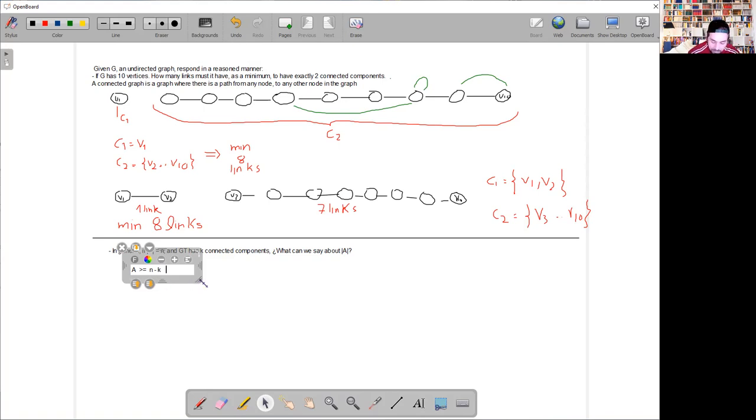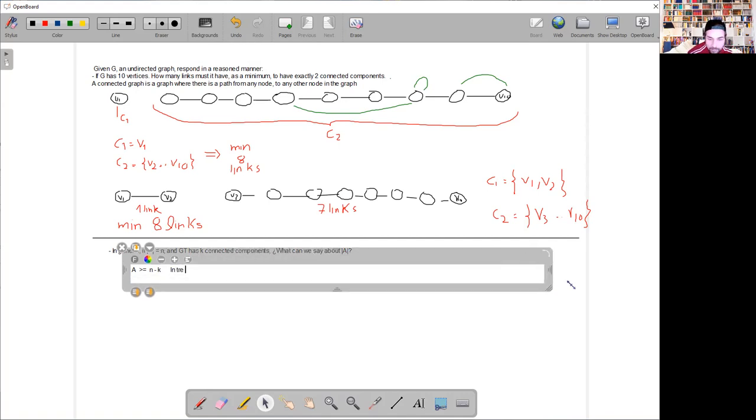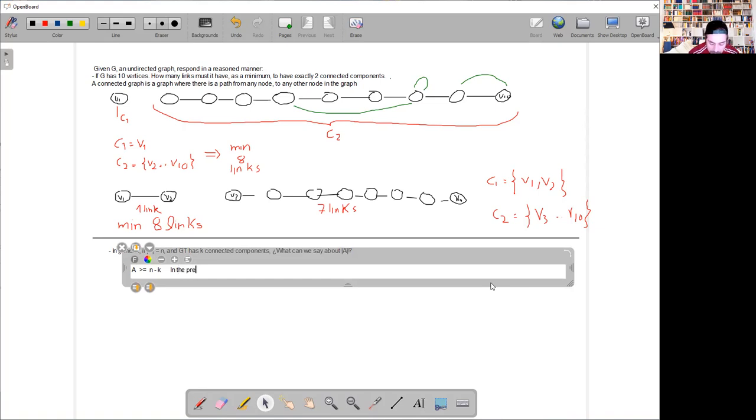So in the previous example, the number of links should be greater or equal than the number of nodes, which is 10, minus the number of connected components, which is 2.